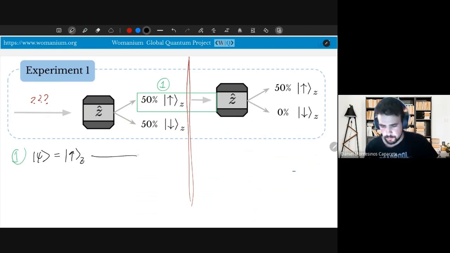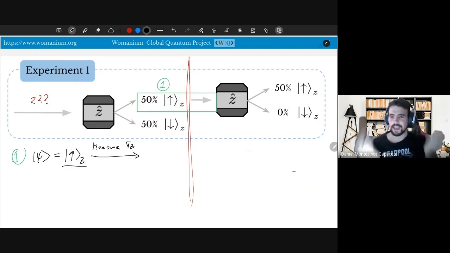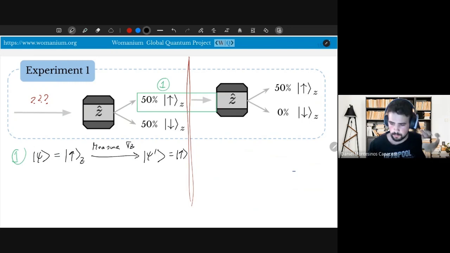If we measure sigma z again, since this is an eigenvector of the sigma z operator and it's not in quantum superposition, at the end we get the very same state.